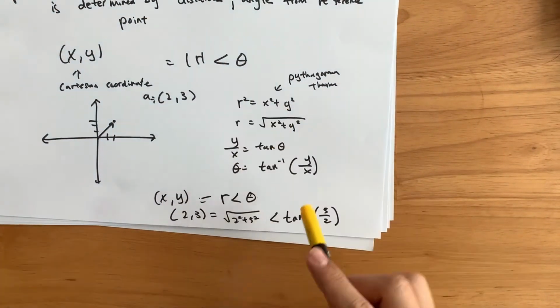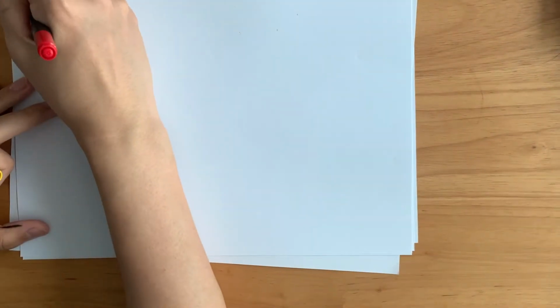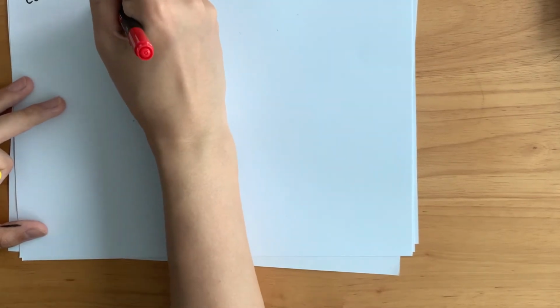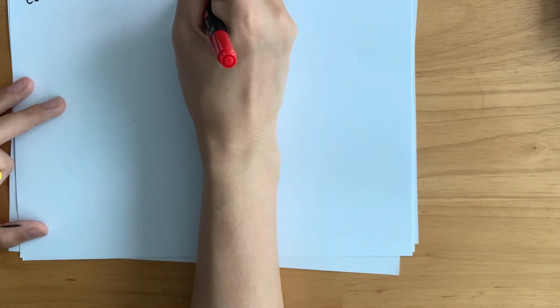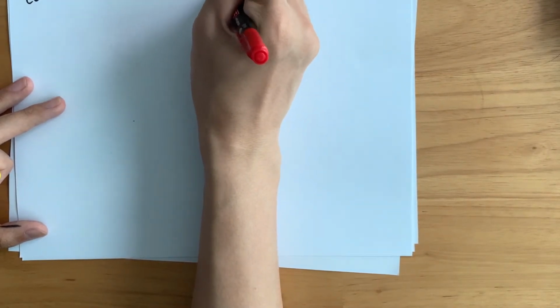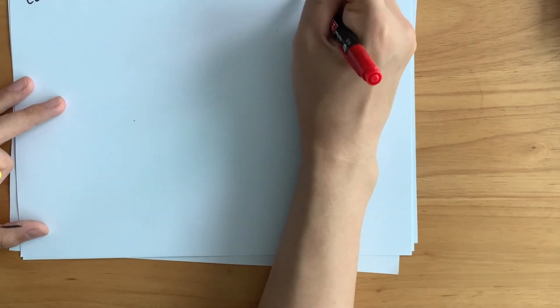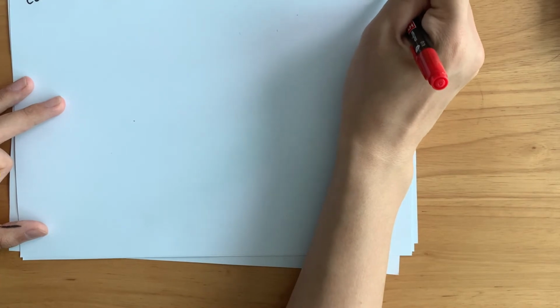I want to do various examples, so let's go to the next one: conversion from polar coordinates to rectangular coordinates.